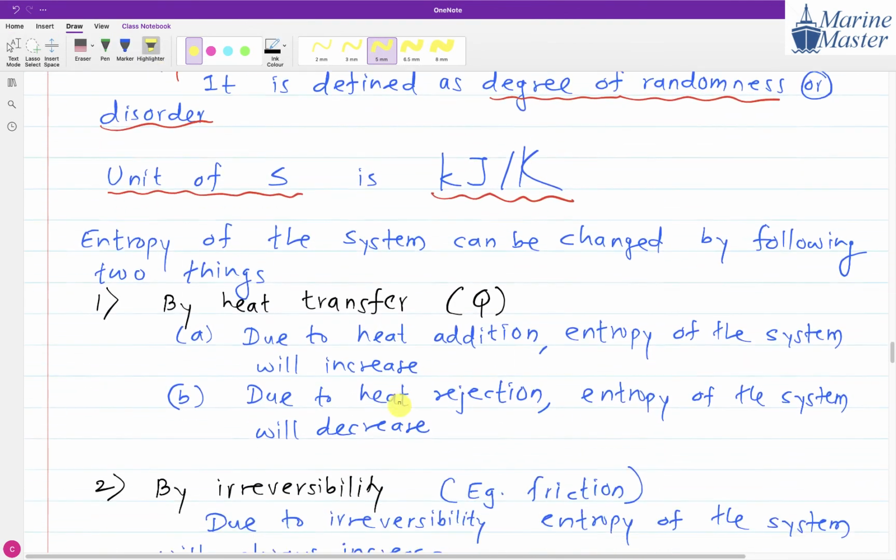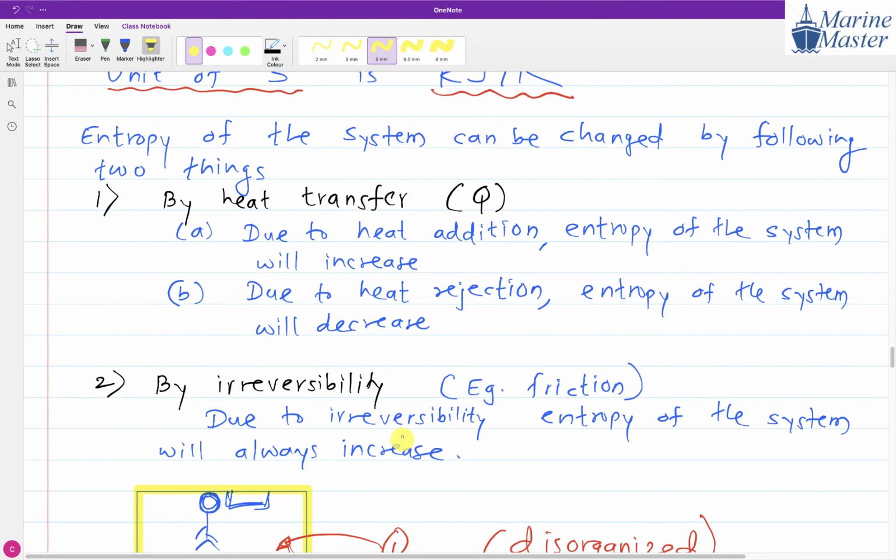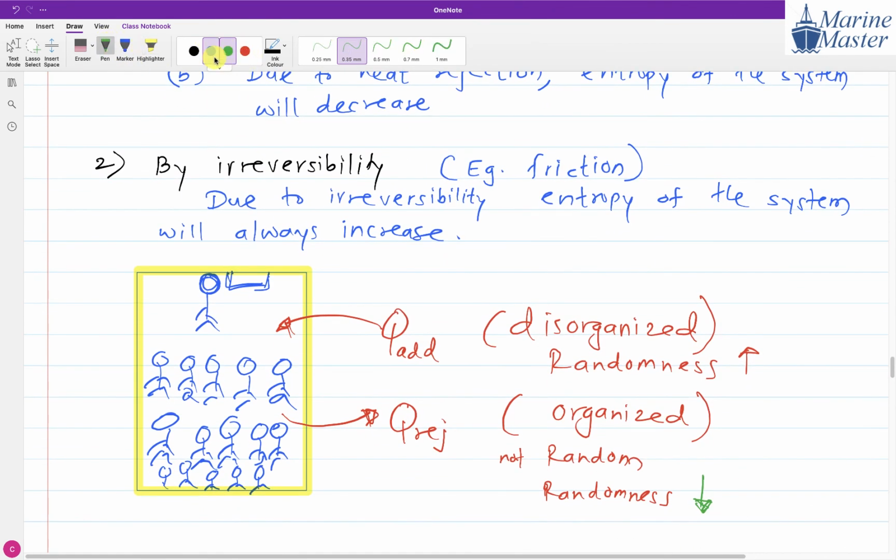Here, in two ways we can change the entropy. First is heat transfer. Due to heat addition, entropy of the system will increase. Due to heat rejection, entropy of the system will decrease. By irreversibility, entropy of the system will always increase.